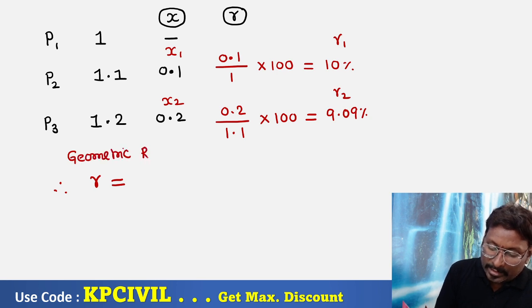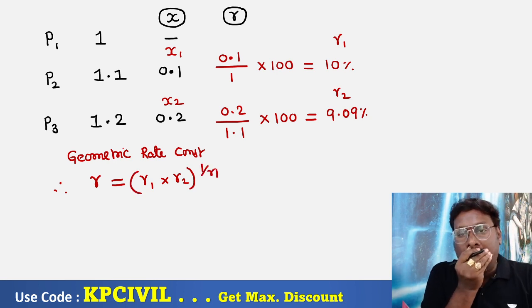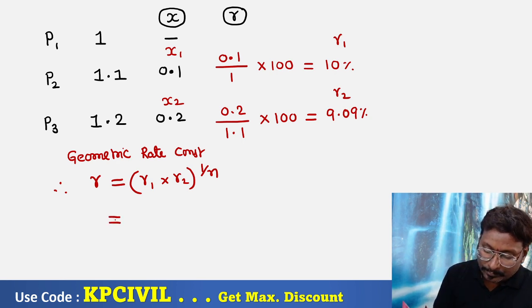Do you know the geometric rate constant formula now? R equals (R1 into R2) whole power 1 by n. How many n values? R1, R2, two values.